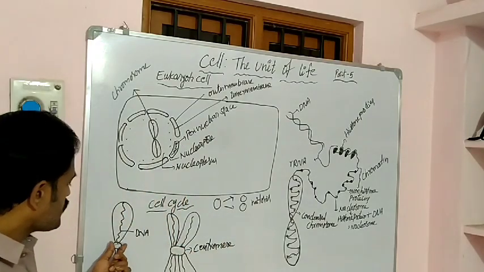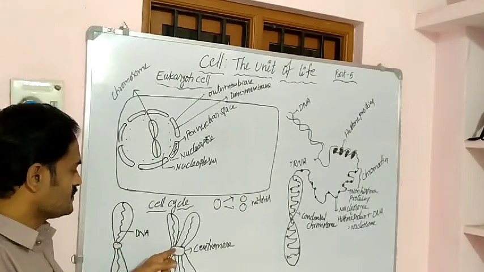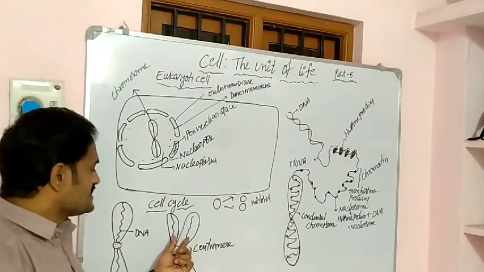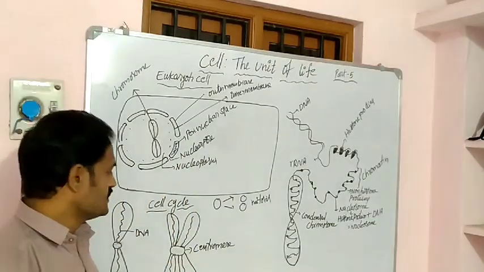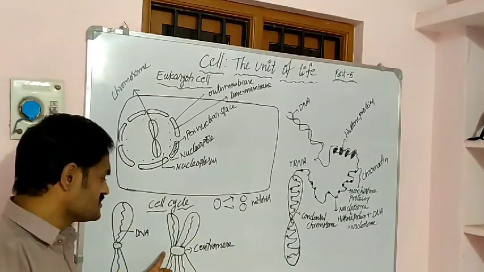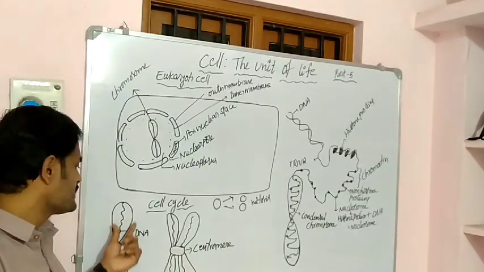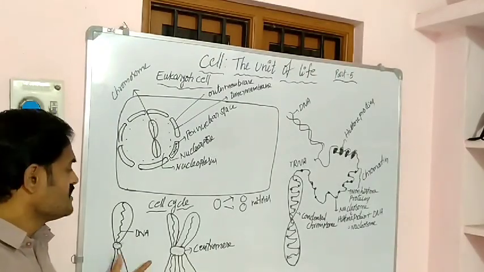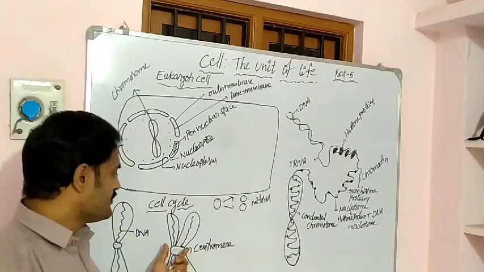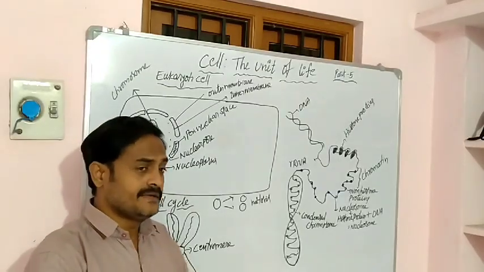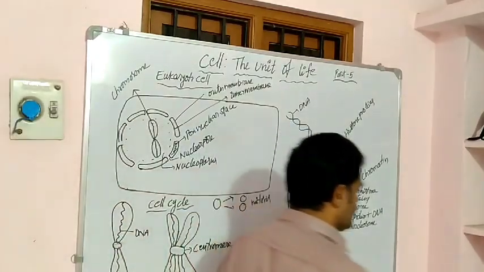So if the chromosome has one centromere, such a chromosome is called a single chromosome. So it is also a single chromosome, it is also a single chromosome. What is the difference? Before the cell division, the chromosome's actual structure looks like this. After the cell division, during the metaphase, the chromosomes will be pulled by the spindle fibers. How they are pulled, now I will discuss.